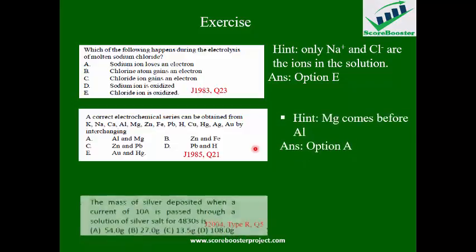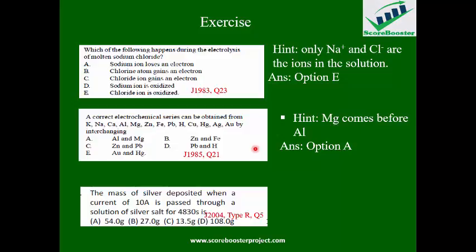Once again, the mass of silver deposited when a current of 10 ampere is passed through a solution of silver salt for 30 seconds is dash. So don't forget our formula. Our M is proportional to Q. What is Q? It. If you want to get your Q, multiply 10 by 30 seconds, you get 48,300.